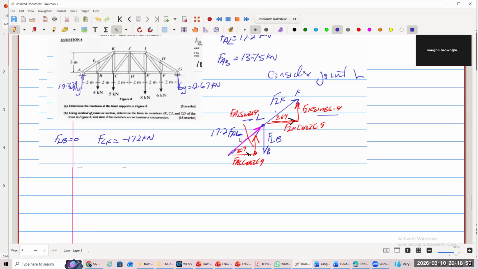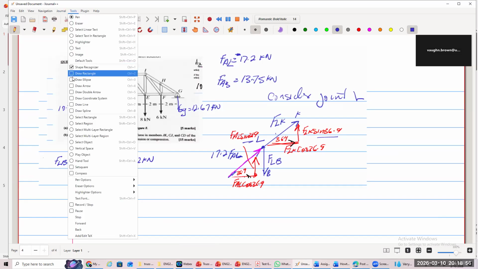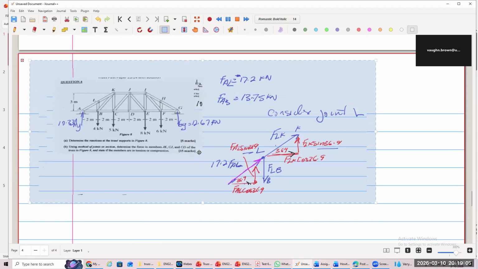So we are now going to consider another joint. Which other joint are we going to consider? I was asking you to tell me which joint I should consider, but nobody answered me, so I have to choose a joint on my own.